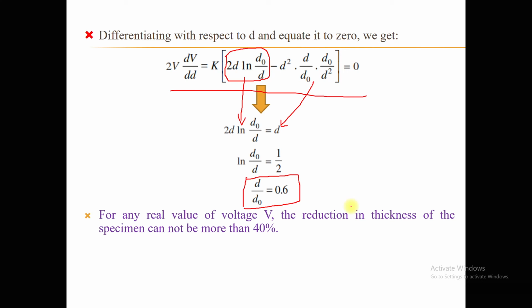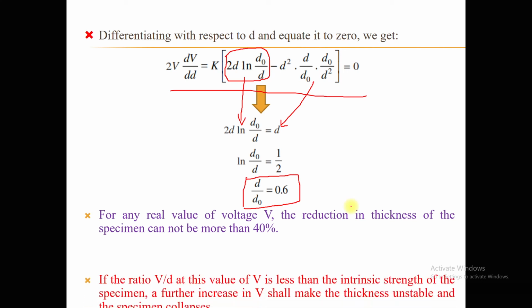Okay, so because of that compressive stress, the thickness achieved by the solid dielectric is 60% of the initial value. So for any real value of voltage V, the reduction in thickness which is observed is not more than 40%. So there is a 40% reduction.